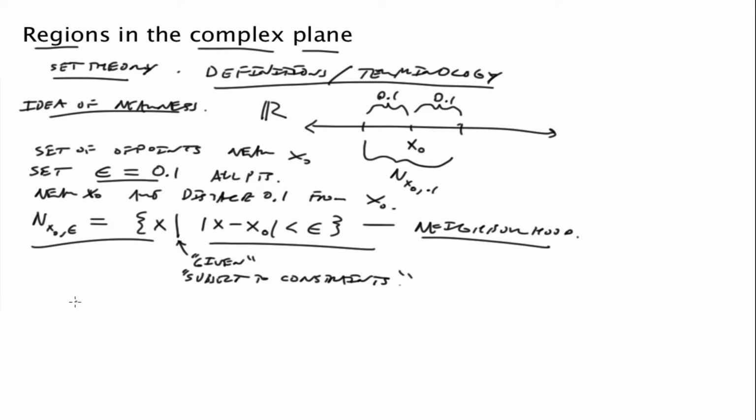Okay, so now what we're going to do here is define the same idea of a neighborhood in the complex plane. So this set is our neighborhood. So let's go to a new thing here.